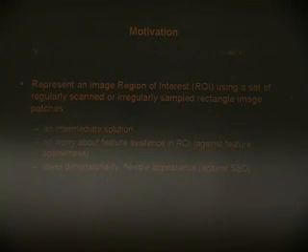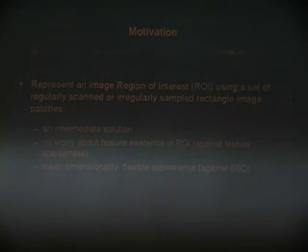Our strategy is very simple. First of all, we ask the user to decide the image region of interest. Then we cut it into patches. We convert the image region as a whole into a set of image patches. Then we build a model, a density model more precisely, over the set of image patches.